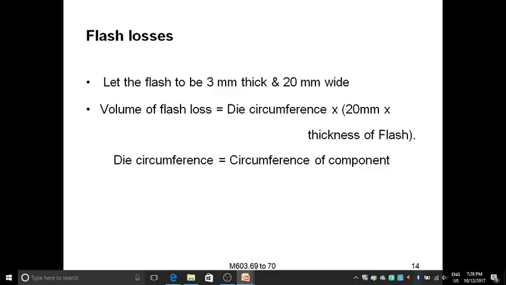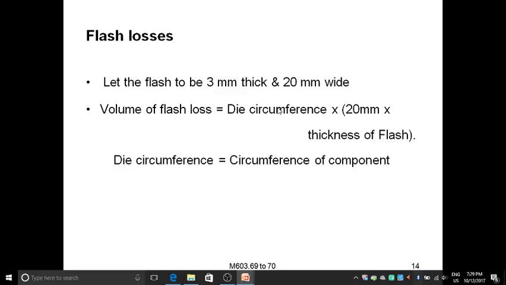Now, if it is circular in cross section, it can be a circumference or a perimeter. In this case you have a 20 mm width and a 3 millimeter thickness, and you calculate the circumference or perimeter of the object, because the object will be placed in the die.